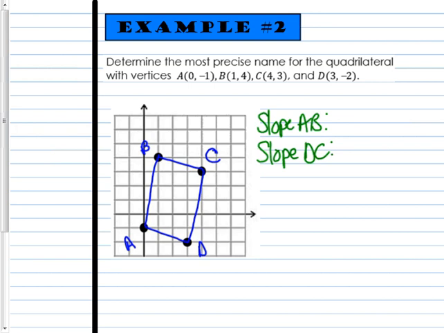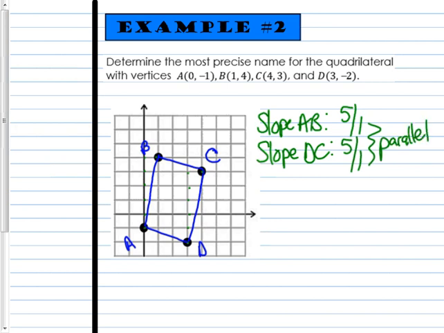The slope of AB is starting at A, 1, 2, 3, 4, 5, a rise of 5, and a run of 1. And the slope of DC is also a rise of 5 and a run of 1. So are those lines parallel? Yes, they are. So we have our first set of parallel lines.